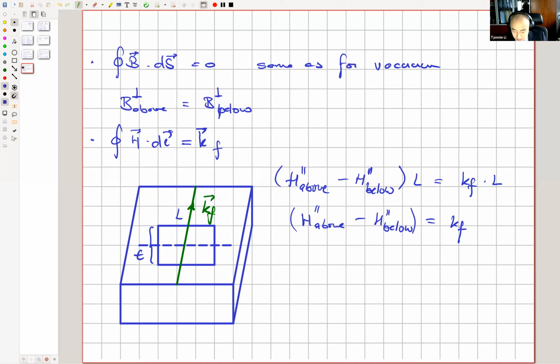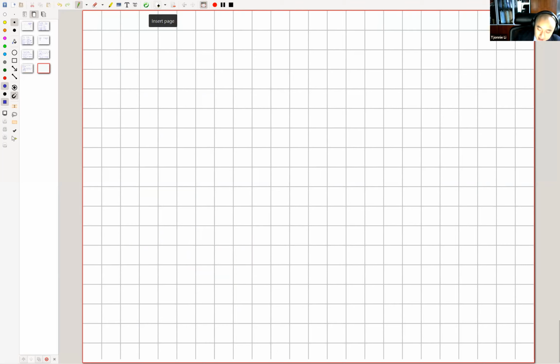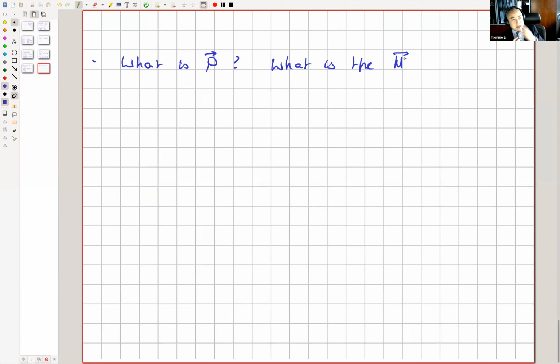Because the biggest caveat, the biggest unknown in this case is, what is this P? And what is the magnetization M? Given a particular external electric field or some free charge density defined somewhere, what is P and what is M?